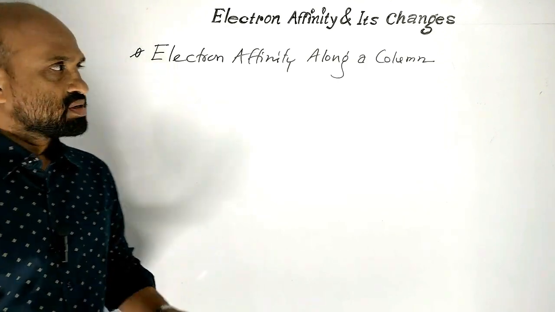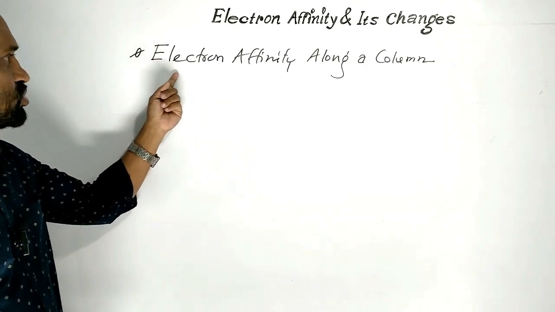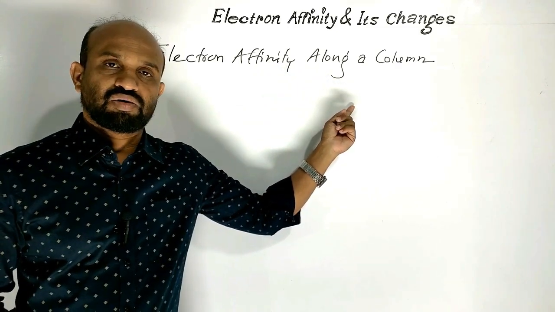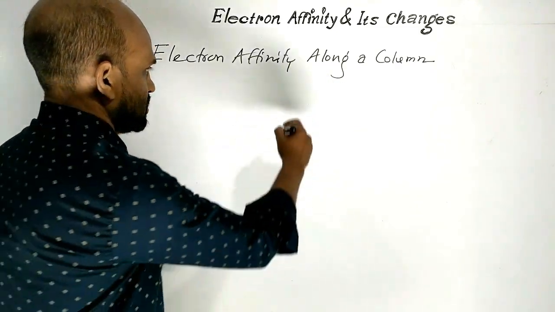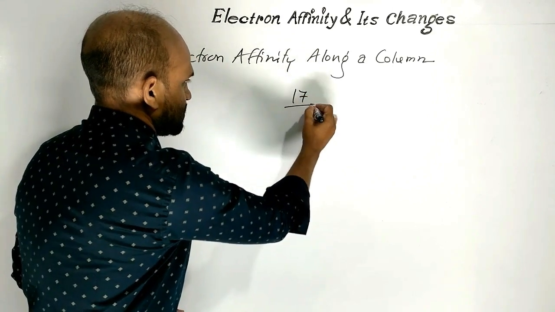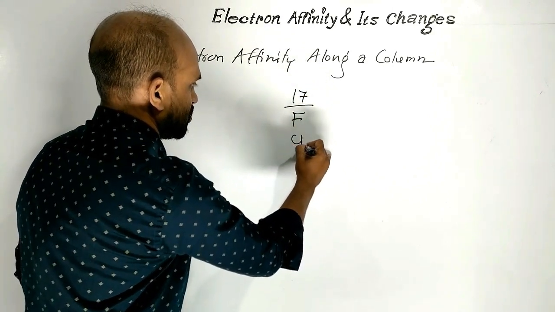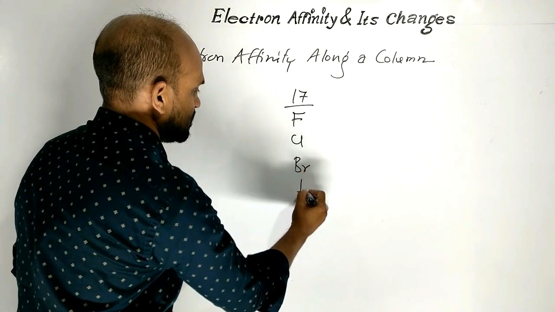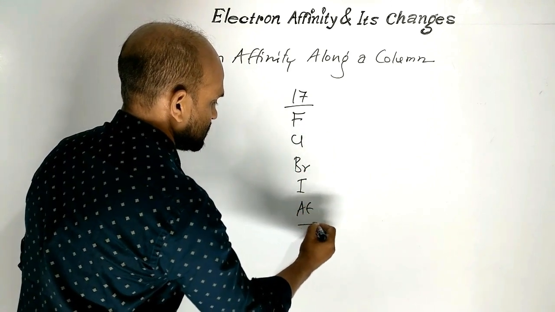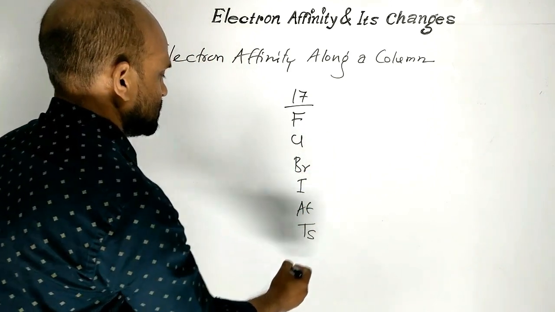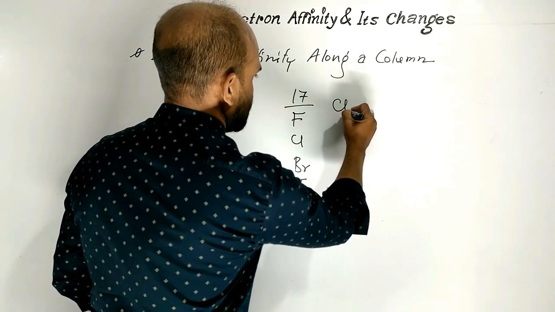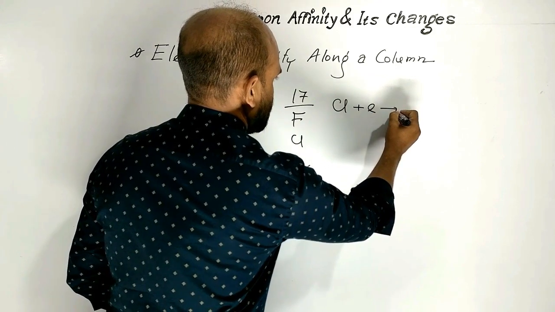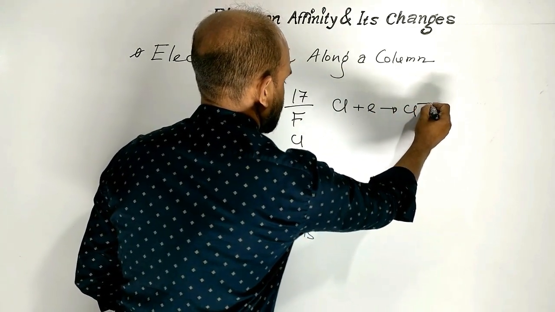Now the point is change of electron affinity along a column. Let us consider column 17: fluorine, chlorine, bromine, iodine, astatine, tennessine. Here, the electron affinity of chlorine, forming the chloride ion.